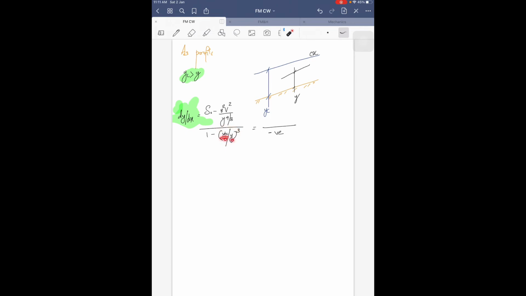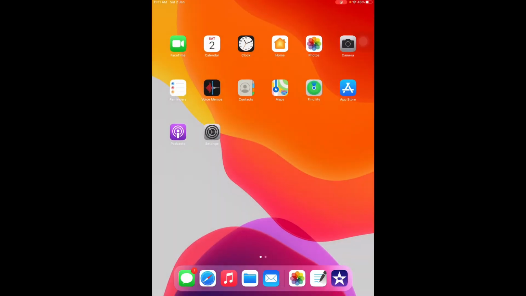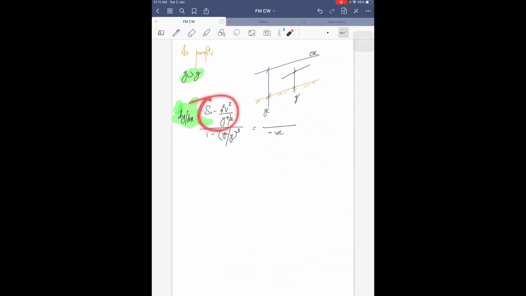Yc is greater than y, so yc by y will be a value greater than 1. We are making the cube, so the denominator is negative. Coming towards the numerator, S0 minus n square v square by y raised to 4 by 3. N is the Manning's coefficient, v is velocity, y is depth of flow. All these values will be positive, but the S0 bed slope value is negative, since adverse slope has a slope value less than 0.